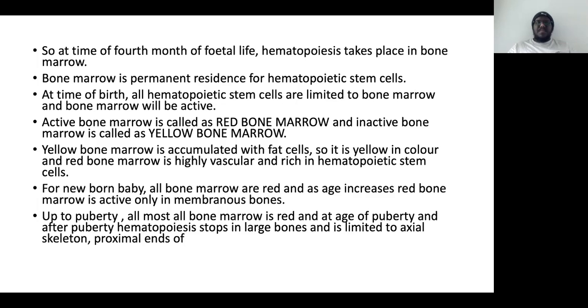Up to puberty, almost all bone marrow is red, and at puberty and after puberty, hematopoiesis stops in large bones and is limited to the axial skeleton and proximal ends of long bones.